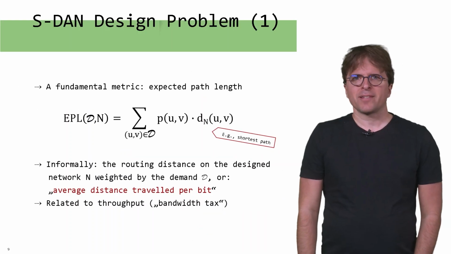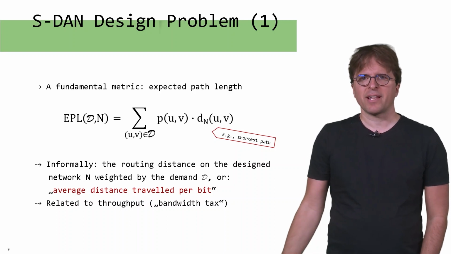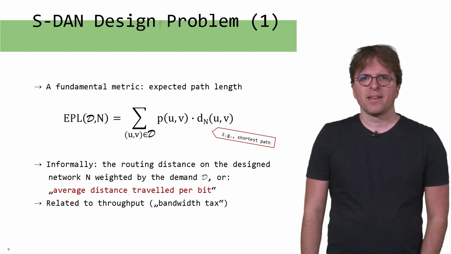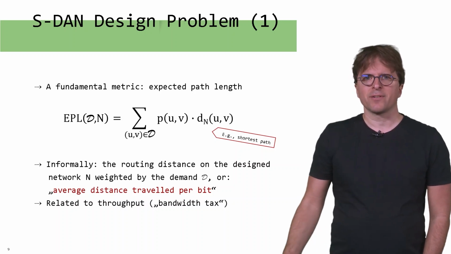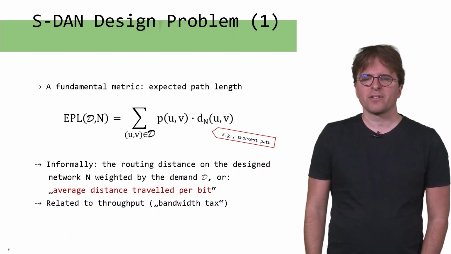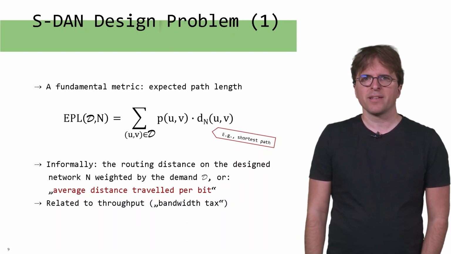Okay, so let's start with the most fundamental metric that we want to consider in this design space of a static demand-aware network, and it's called the expected path length. For that, we consider a demand matrix, D, that describes how much two nodes U and V communicate with each other. This is described by p(u,v).